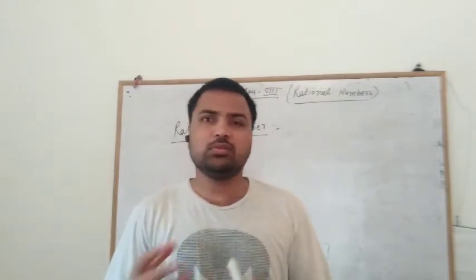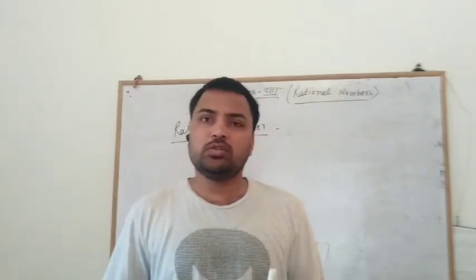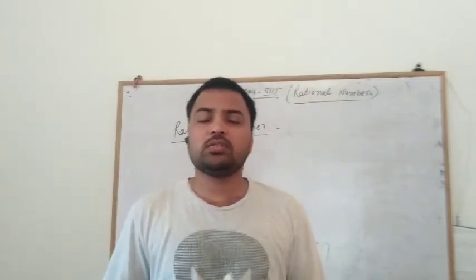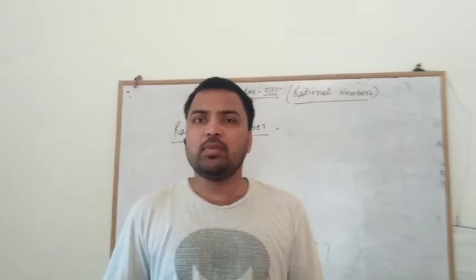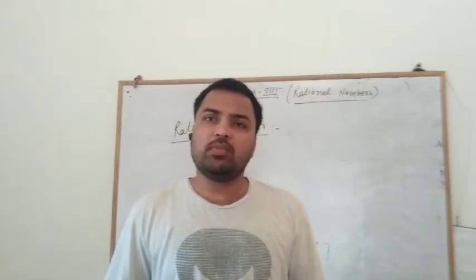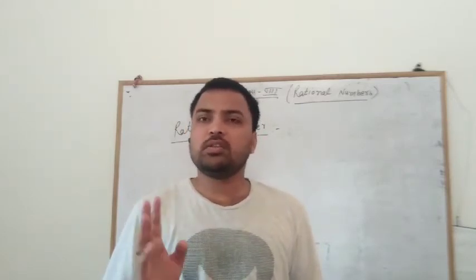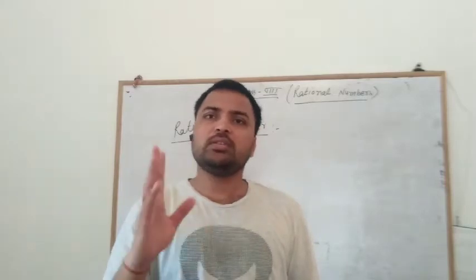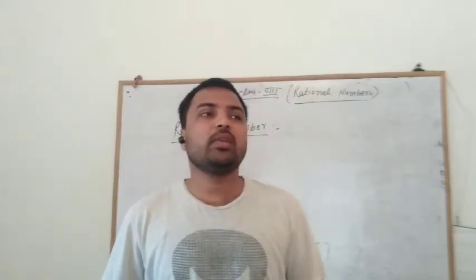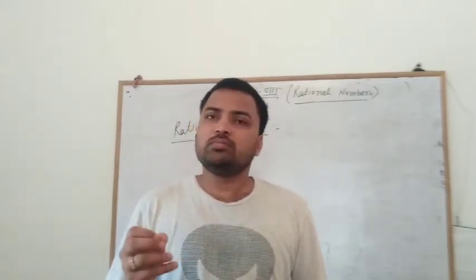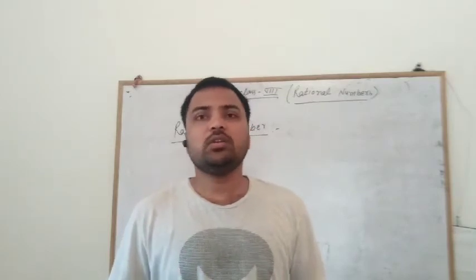You can denote it with any alphabets. It doesn't matter whether you denote it with m by o, a by b, p by q, x by y, or y by z, anything else. But there are certain numerator and denominator parts.